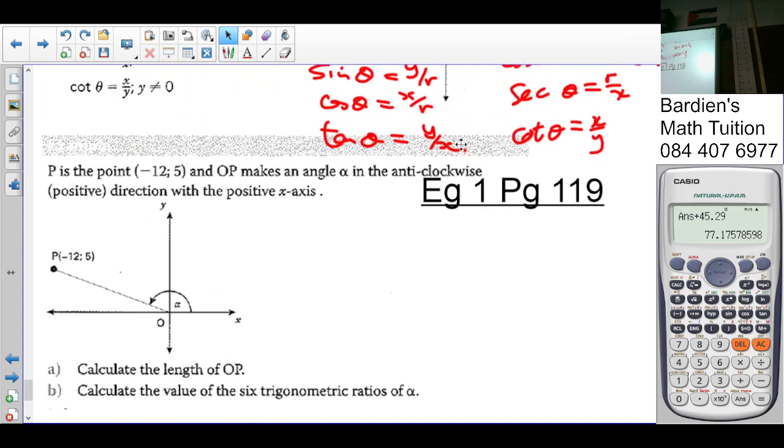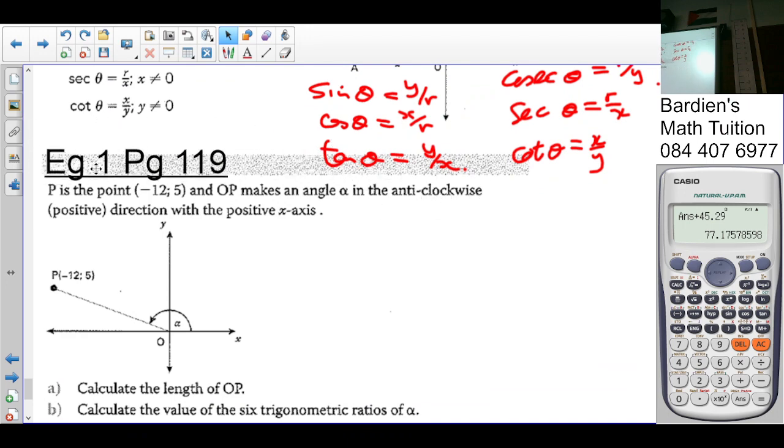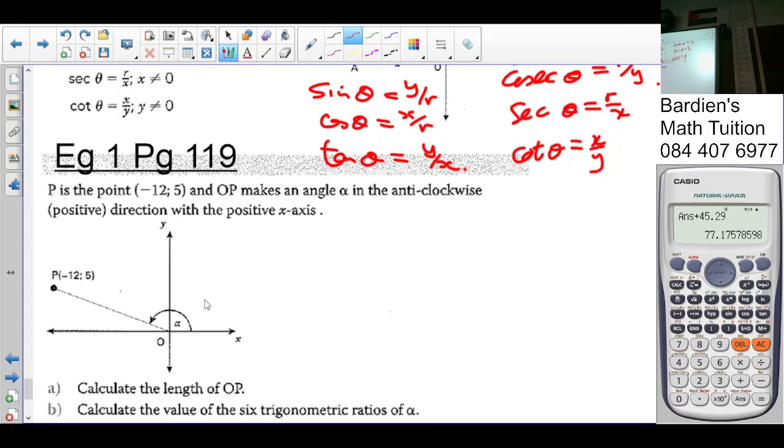Right, so let's look at this here. Example 1 on page 119. We are told P is the point negative 12 and 5. Remember in coordinate form, this is an x and that is a y. P is the point negative 12 and 5.